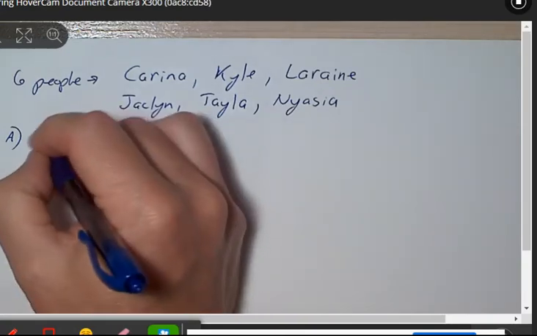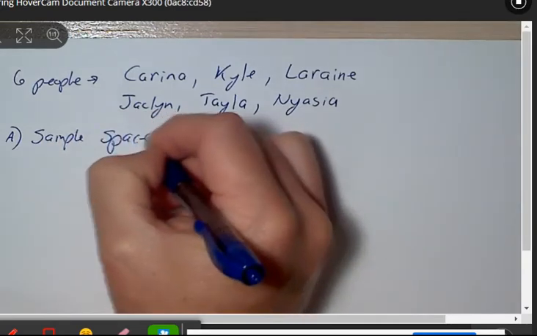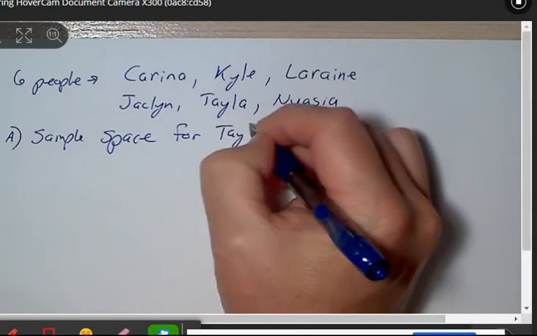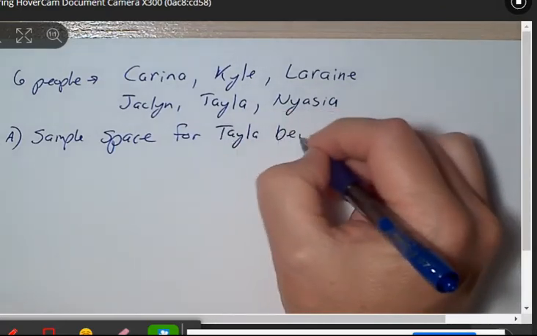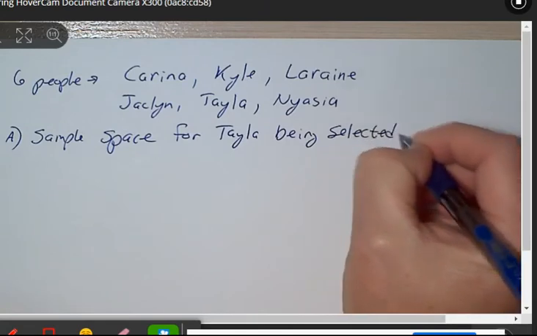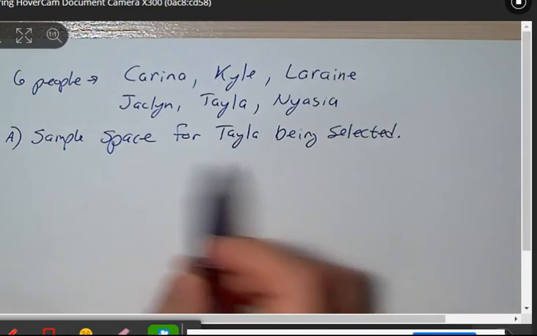sample space? Lost my words there for a minute. What's the sample space for Taylor being selected? And again, it says it's a random experiment. And they basically use abbreviations on this one to keep it short. So if you're doing the sample space for Taylor, Taylor can go with everybody.